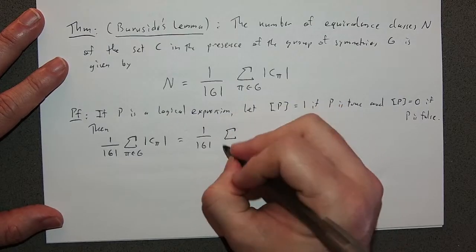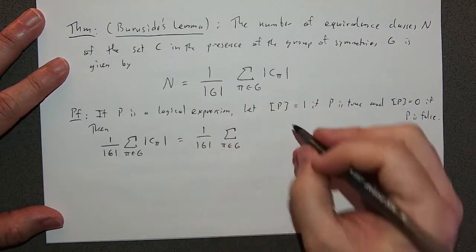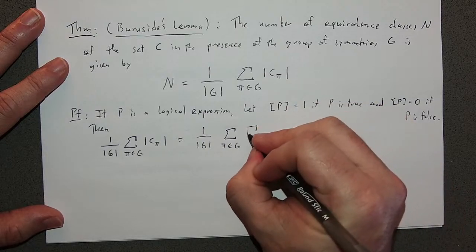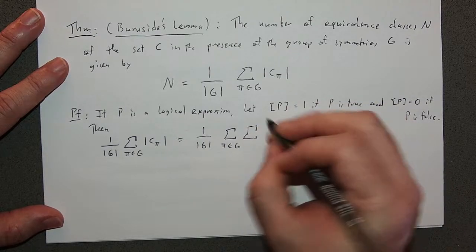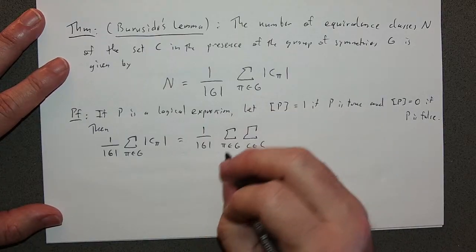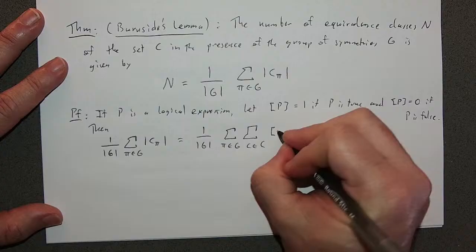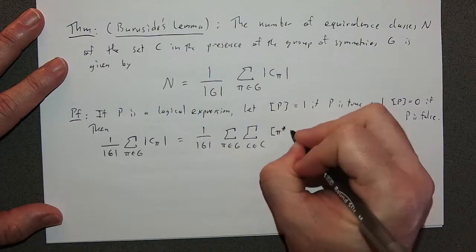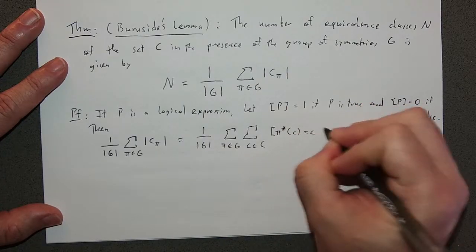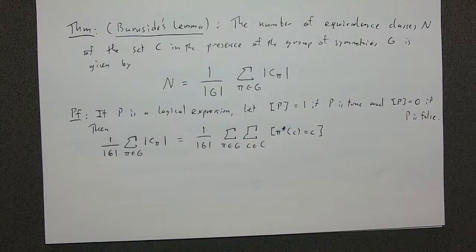So this is a sum over permutations in G, and then a sum over the elements in C, the colorings in C, and I have the logical statement here, pi star of C is equal to C. Let's think for a second about this equality here.